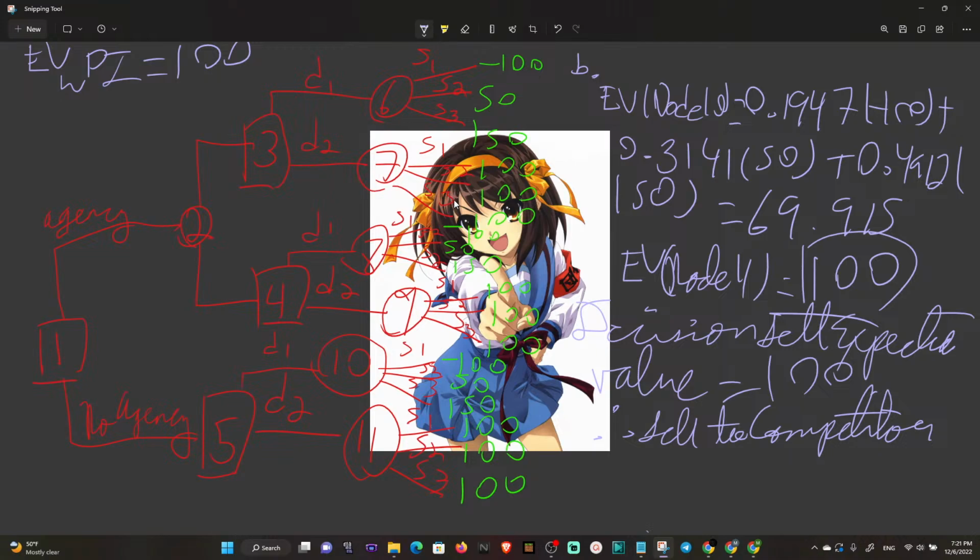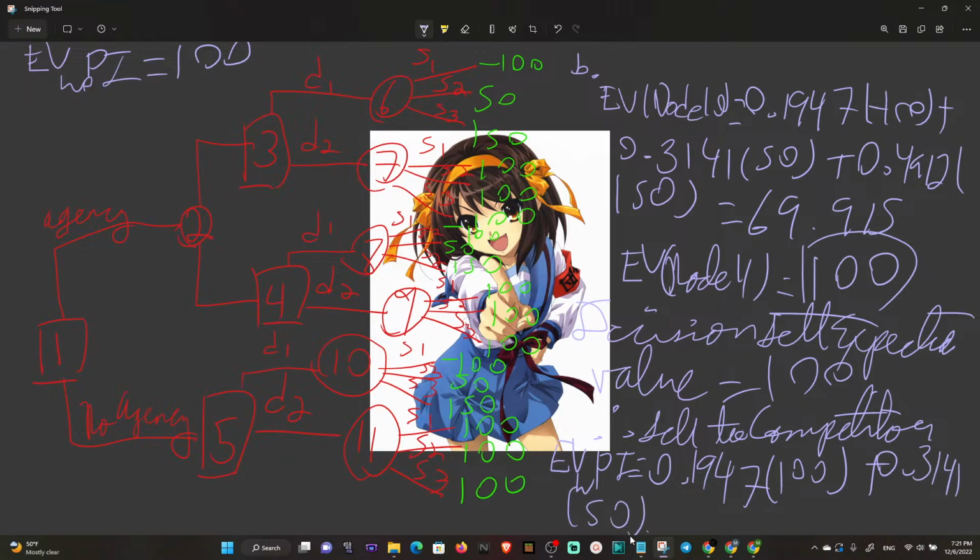So now let's do it with perfect info, which will just be EVWPI, which is equal to 0.1947 times 100, plus 0.3141 times 50.